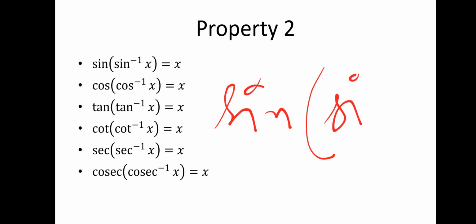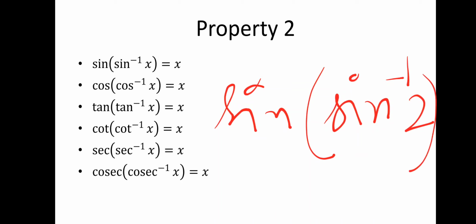Now there is one small condition we need to understand once again. What is the condition? Can I take any value of x? For example, if I want, can I write this? Say sine of, don't mind, I am doing it with my finger, sine inverse 2.